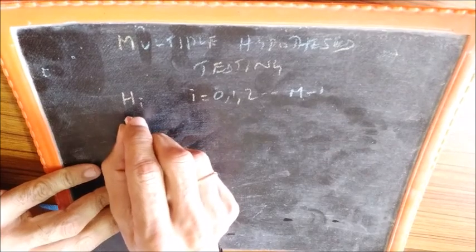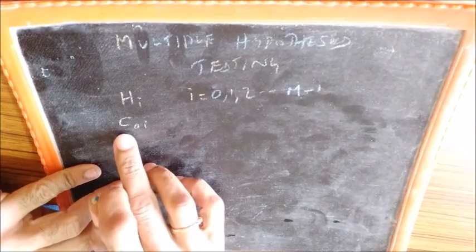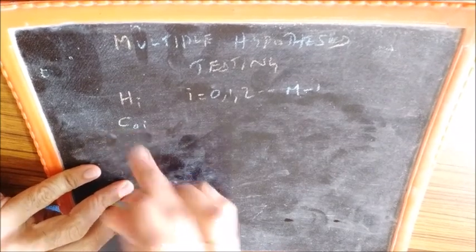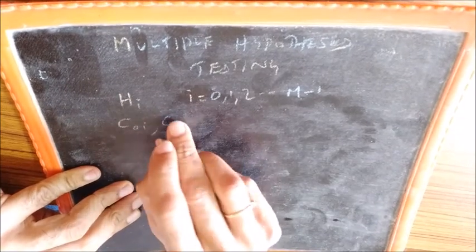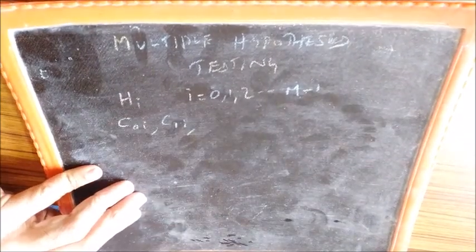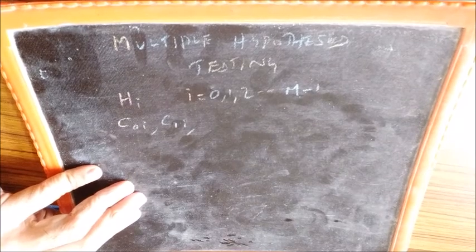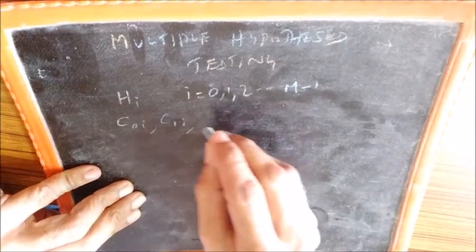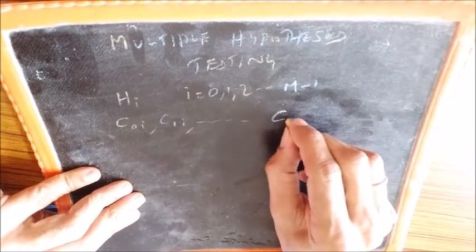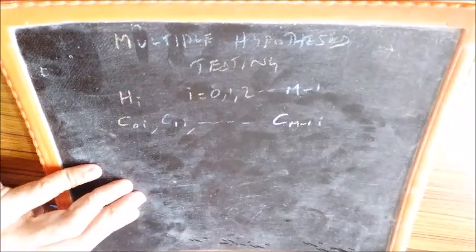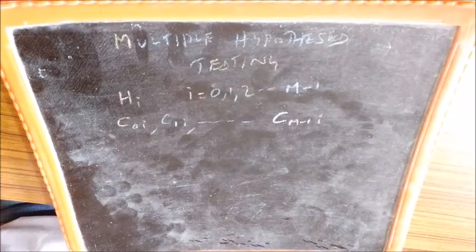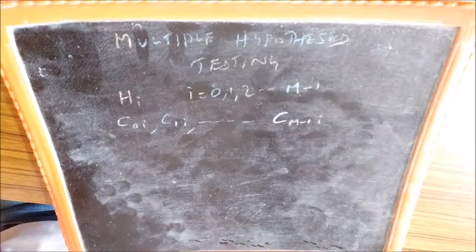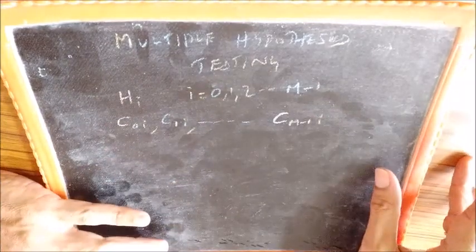So we can write down these costs like C0i, that is the cost when we declare H0 as the true hypothesis when Hi was indeed the true hypothesis. C1i, that is the same as saying the cost that you incur when you say that H1 is the true hypothesis when Hi was indeed the true hypothesis. So like this we can have M different costs per hypothesis, and we have M different hypotheses, which means that the total cost involved will be M square.